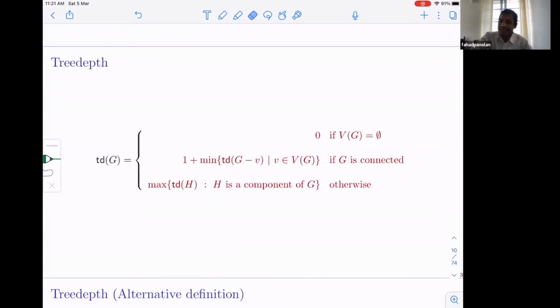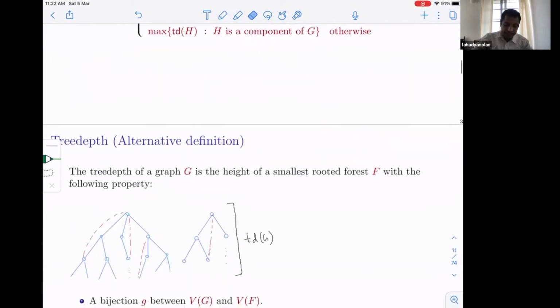If it is connected, then it is 1 plus the minimum over vertices v of the tree depth of G minus v. And if G is not connected, it is the maximum tree depth of a component of G. This is a recursive definition, and this also leads to an alternative definition.